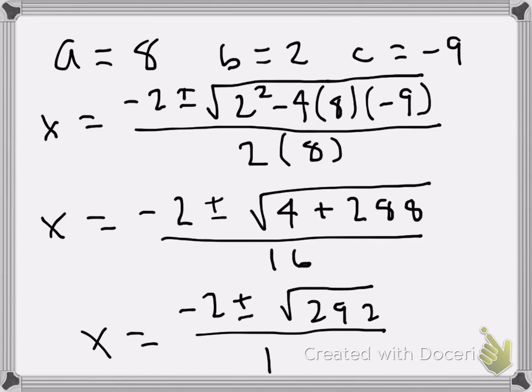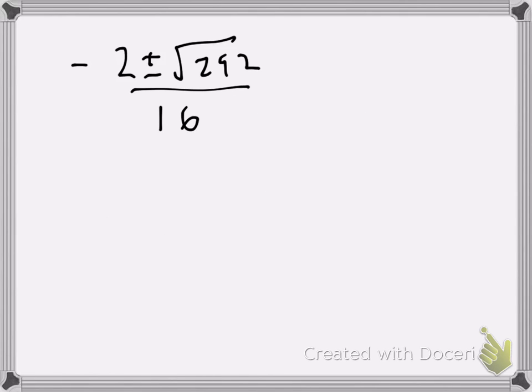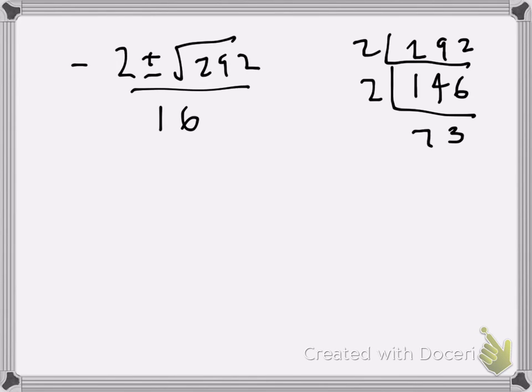And at this point, this becomes a module 2 problem. We've got to take that 292 and break it down. So we've got to simplify that square root of 292 using our module 2 technique. So let's do it. I'm going to use a prime factorization just like I did in module 2. So that's 2 times 146, which is 2 times 73. And 73 is probably prime.